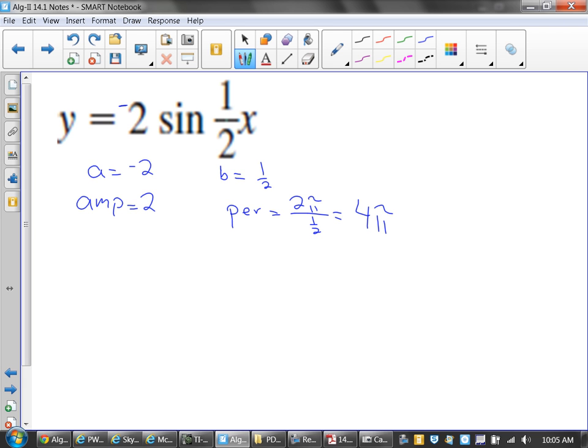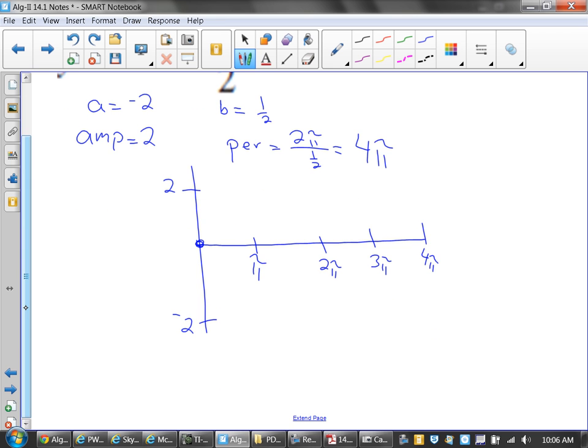So now I know that my amplitude is 2, my period is 4 pi, so here's 4 pi. Sine always starts at 0, goes to its a value, back to 0, opposite a value. So in this case, instead of going up, it goes down.